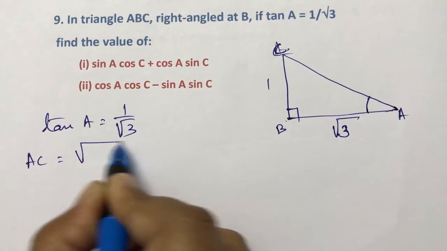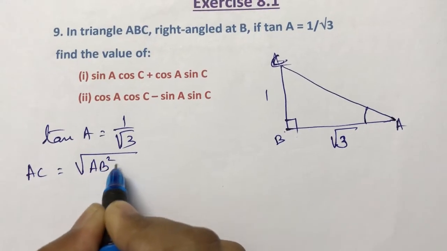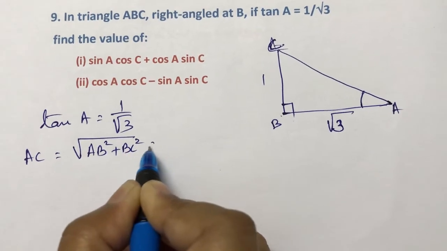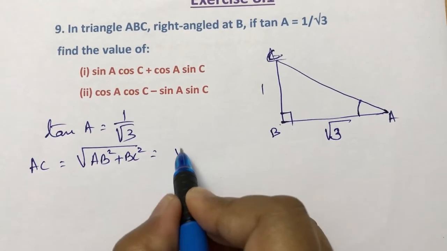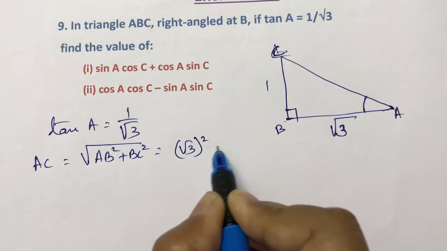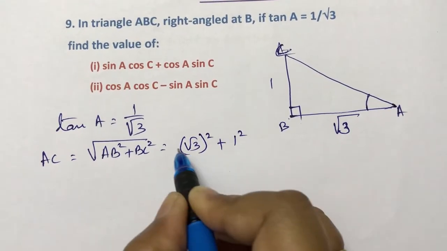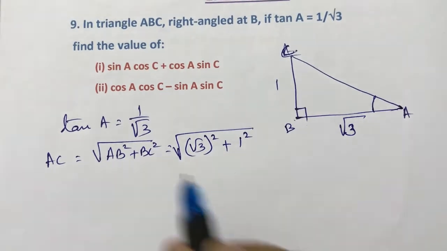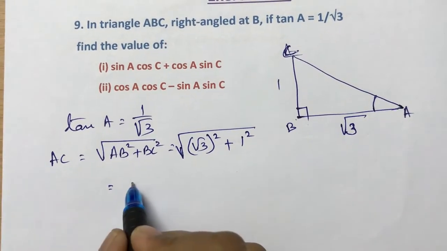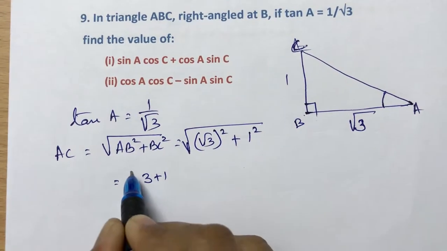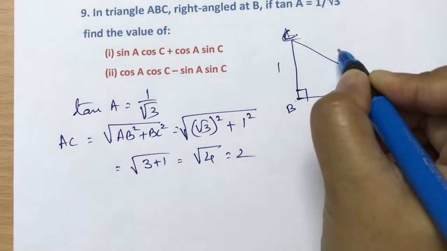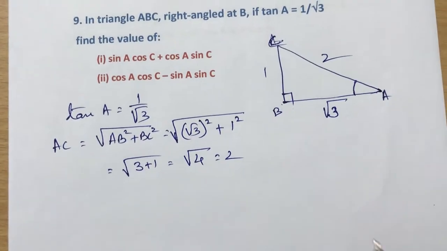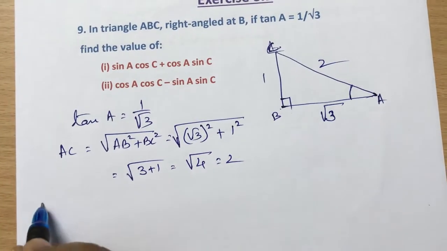AC will be root over of AB square plus BC square. AB is root 3 whole square plus BC is 1 square, root over. So root 3 whole square is 3 plus 1. So you have root over 4, that is 2. That means AC is equal to 2. Find the value of the first bit.